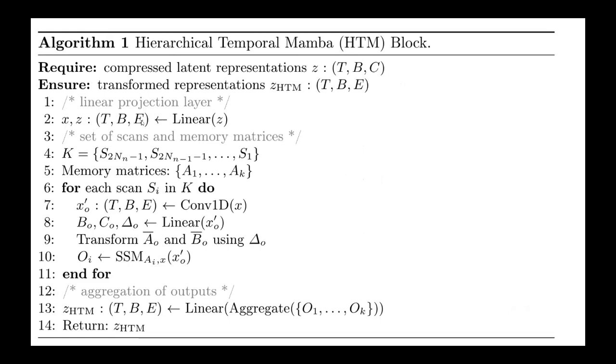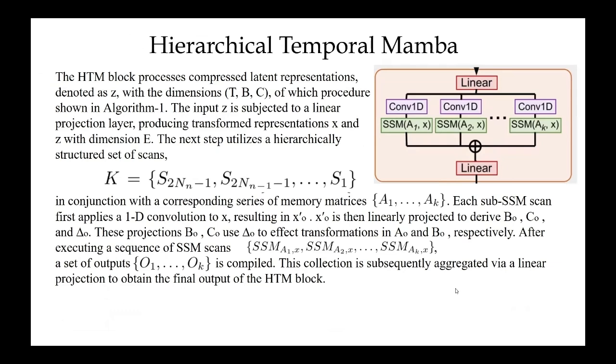Now the linear projection layer converts our C to E, and K is the number of scans which we will do here. And these are our memory matrices which are required in our SSM, A1 to AK, which I mentioned earlier.